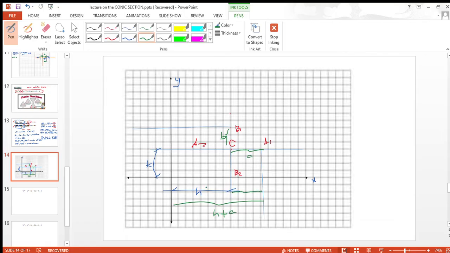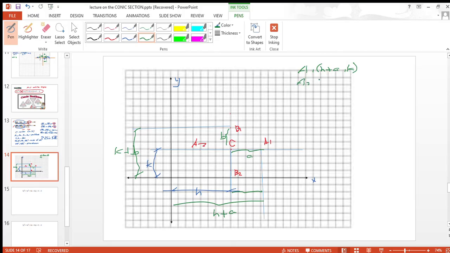So this is H plus A. While for the ordinate of B, this will be K plus B. So your A1 is at H plus A, and the ordinate will be the same as the ordinate of C, which is K. If our points are on the same horizontal line, the ordinate will be the same. If the points are on the same vertical line, then the abscissa will be the same.